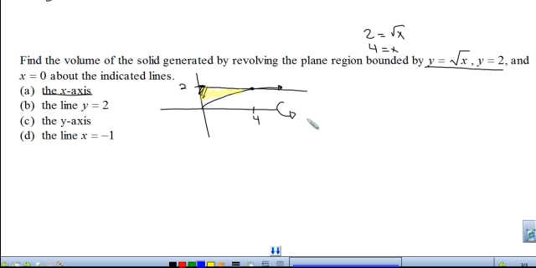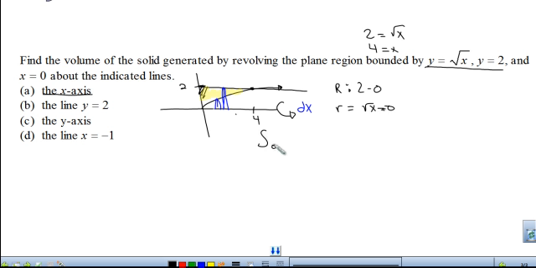As we rotate about the x-axis, we're going to have a dx, and we're going to have a washer. So big R is going to be the top minus the bottom. Little r is going to be the top minus the bottom.